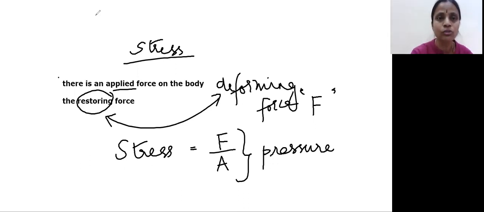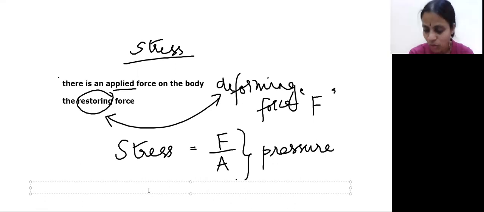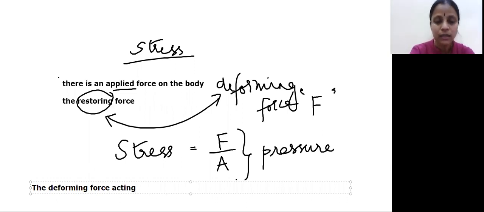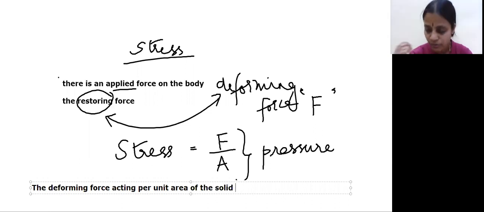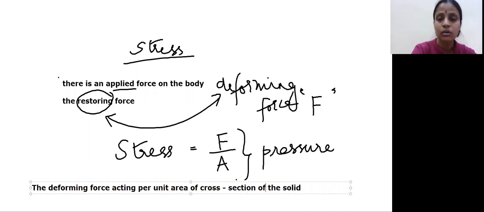So let's move on to define stress now, because that's our main objective here. What is meant by stress applied? How are we going to define it? The deforming force acting per unit area, here per unit area of cross section of the solid.